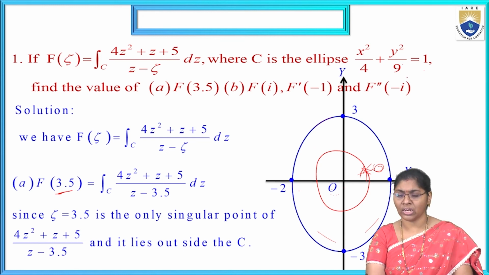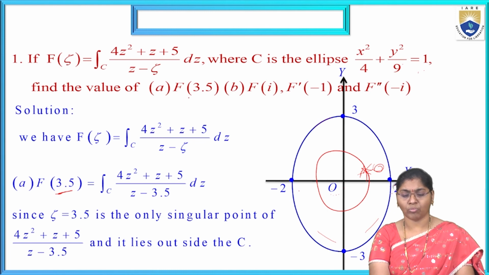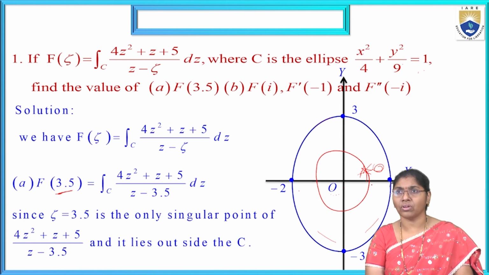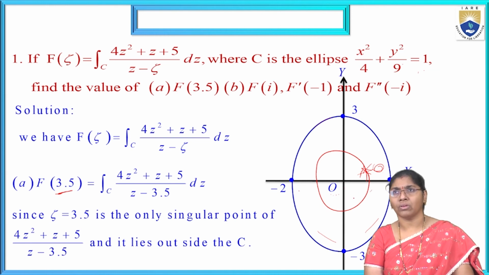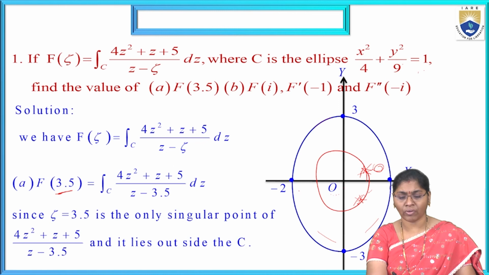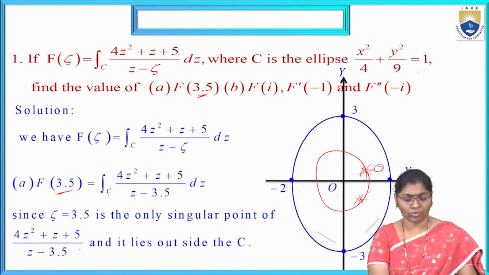Now the given point, 3.5, is it inside the ellipse? Z naught value is 3.5, and the given condition is minus 2 to 2.